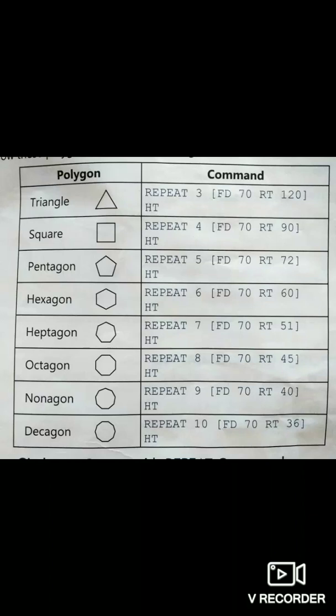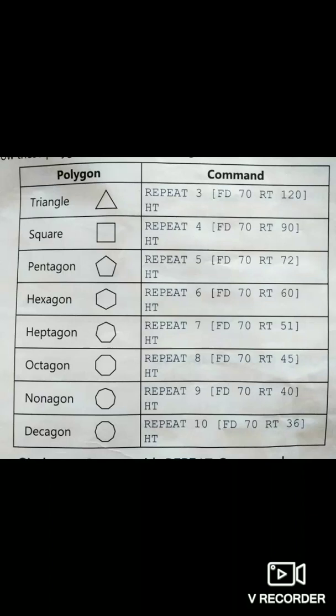And FD means forward; you give the FD command to go straight forward. So, for drawing a pentagon, hexagon, octagon, or any kind of closed polygon, first you write repeat and then give the number of sides you want to draw. After that, within the brackets, you give the FD command so that the turtle can move onwards, and after that you give the angle command, meaning RT, the turn command, so that the turtle can turn to close the sides.